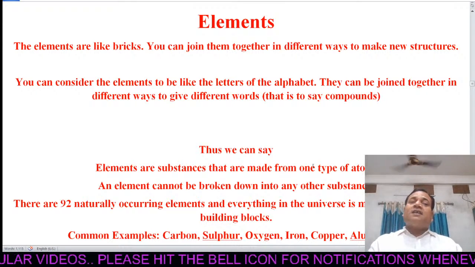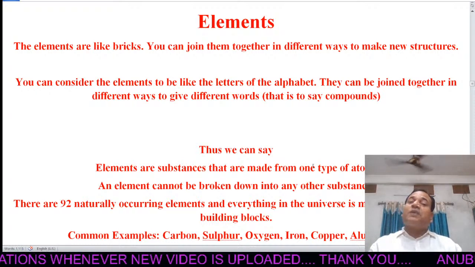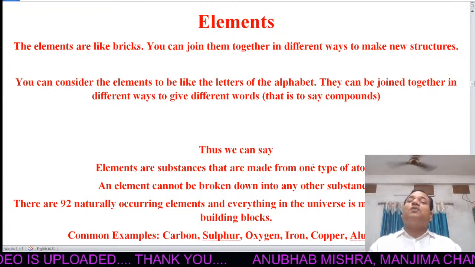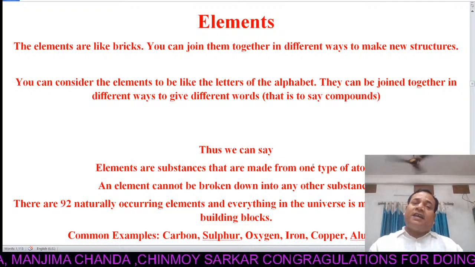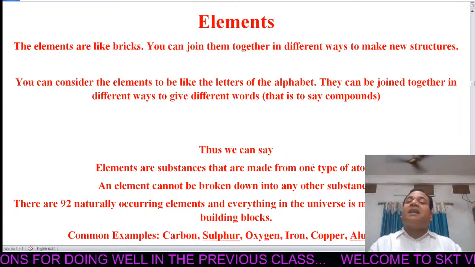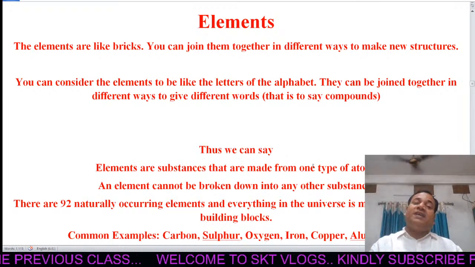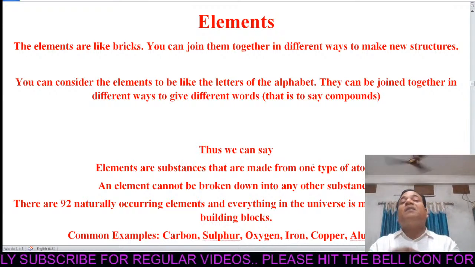The elements are like bricks. You can join them together in different ways to make new structures. Or you can consider the elements to be like the letters of the alphabet. They can be joined together in different ways to give different words, that is to say different compounds.